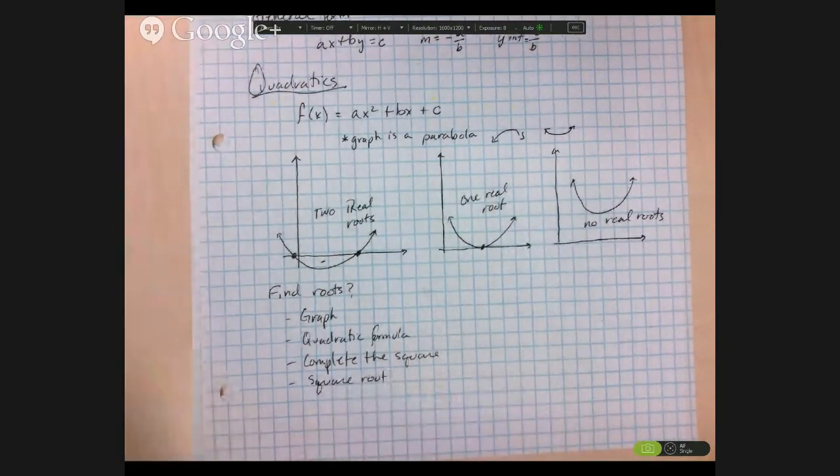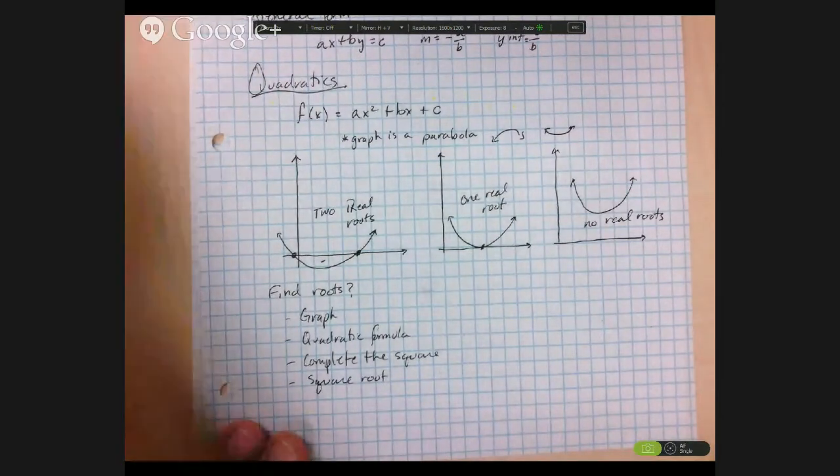Can't remember the other one. So quick. Oh, factoring. Duh.